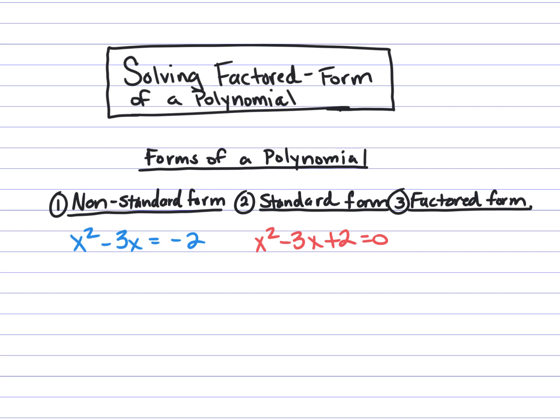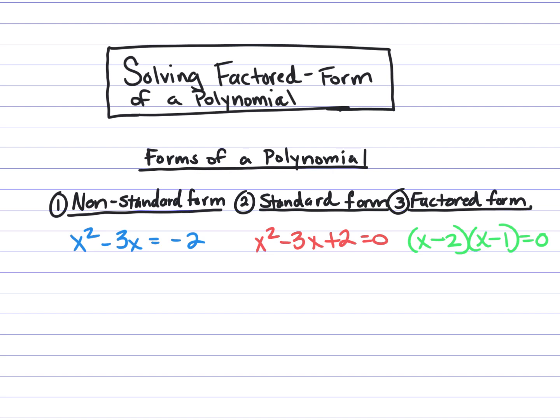And then factored form would be x minus 2 times x minus 1. This last form, factored form, is what we're looking at today, and I'm going to teach you how to solve this.